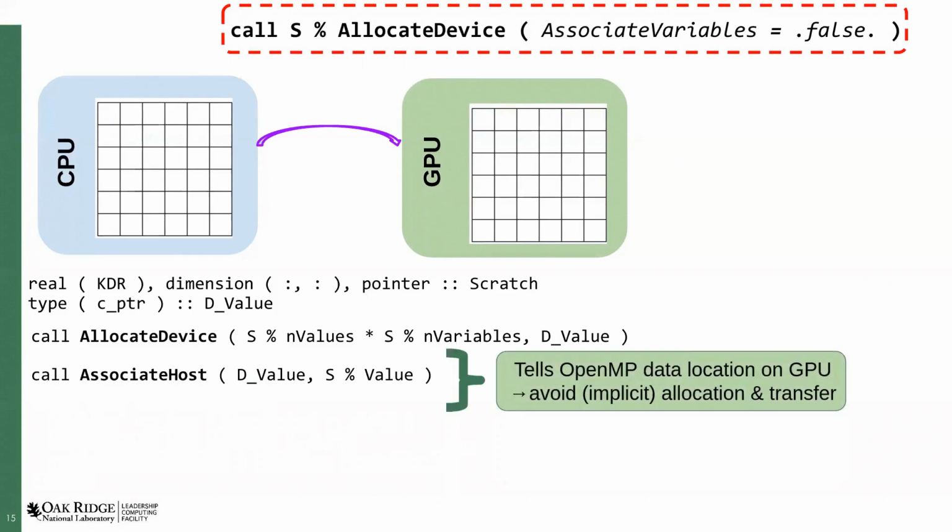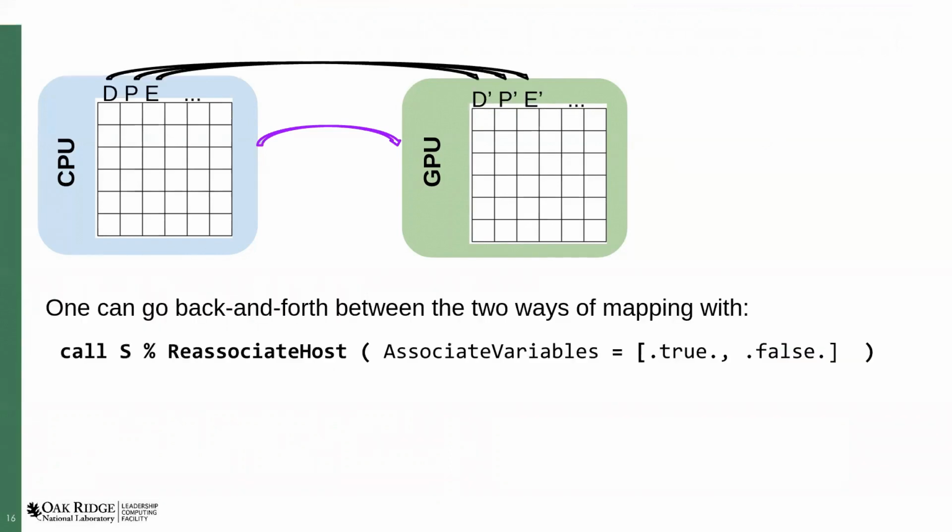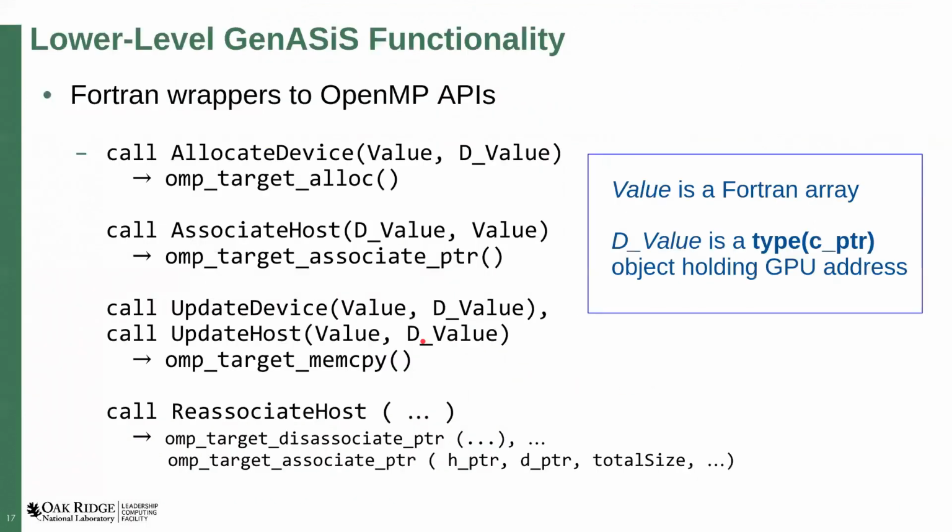Again, this is similar to before: this mapping tells OpenMP the location on GPU. So one can go back and forth between the two ways of mapping. We set up a method called reassociate host, and you can set the variable to be true or false to go back and forth between these two ways of mapping.